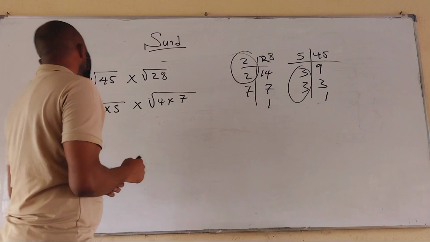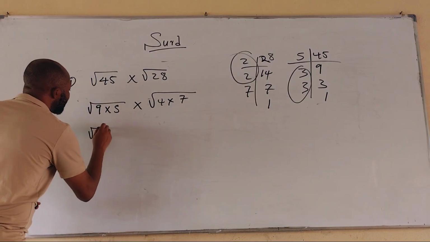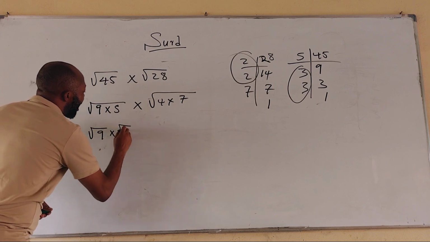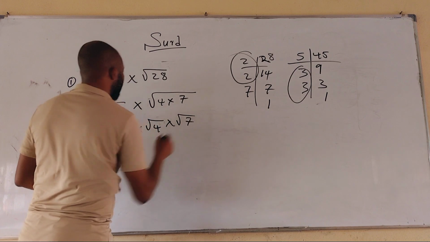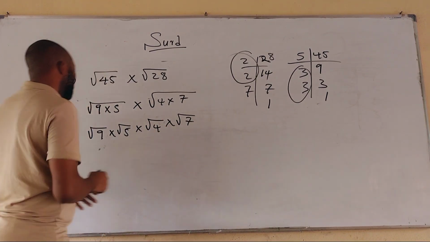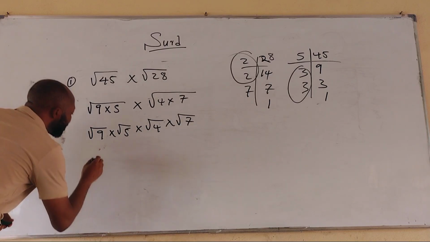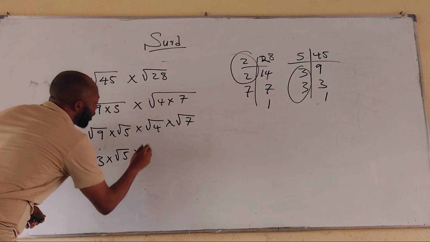Now, let's break it down. I have root 9 times root 5 times root 4 times root 7. The multiplication law permits that. So root 9 is 3, and root 4 is 2.